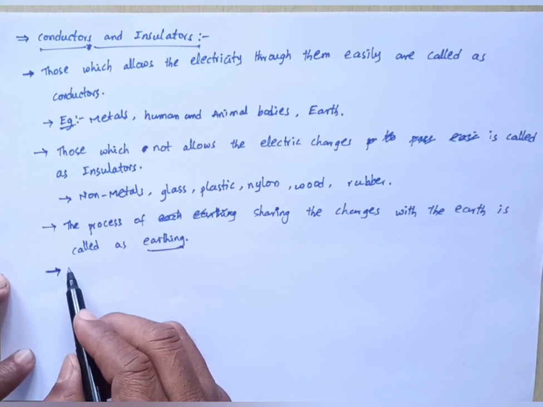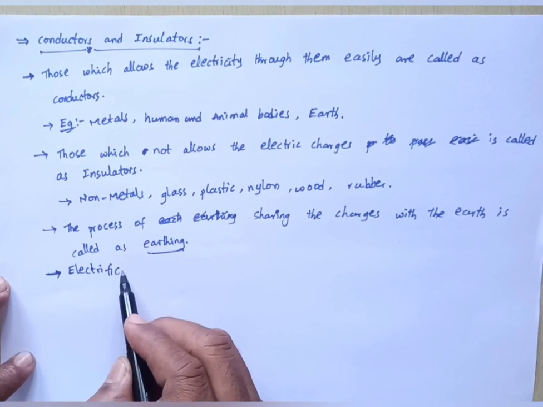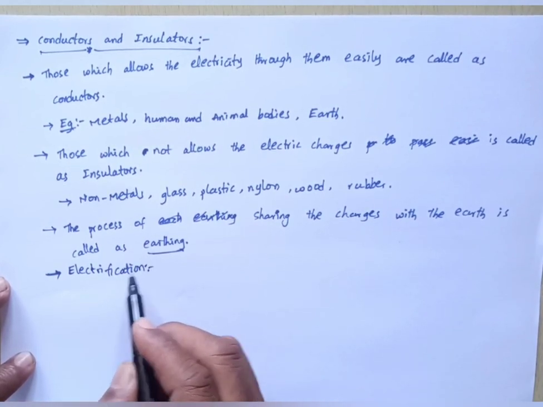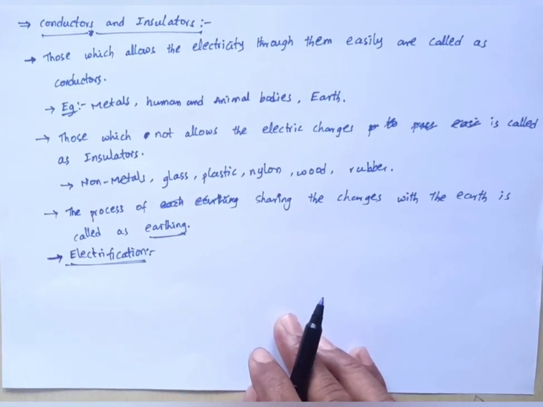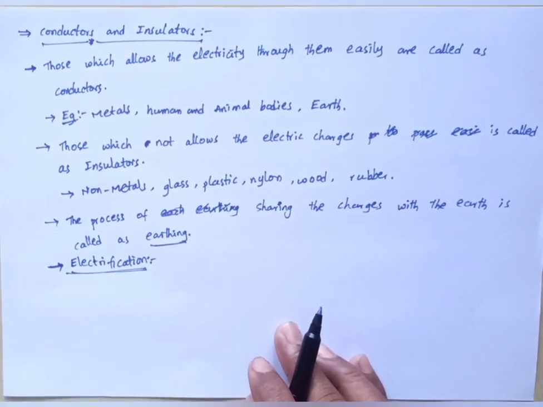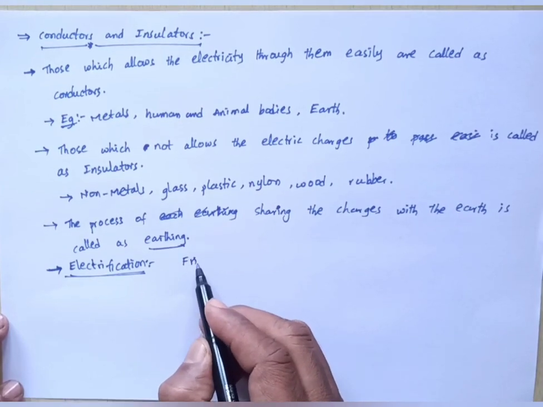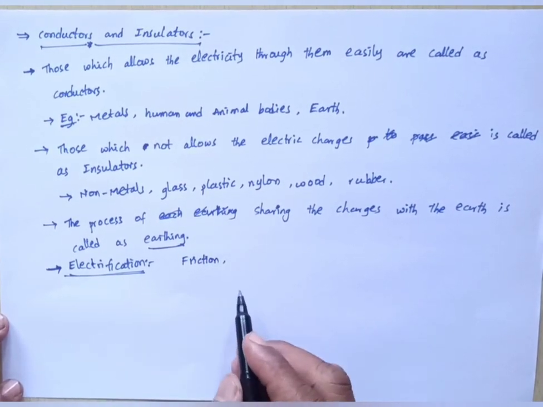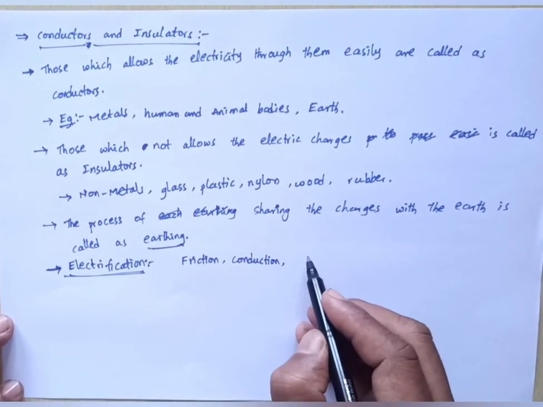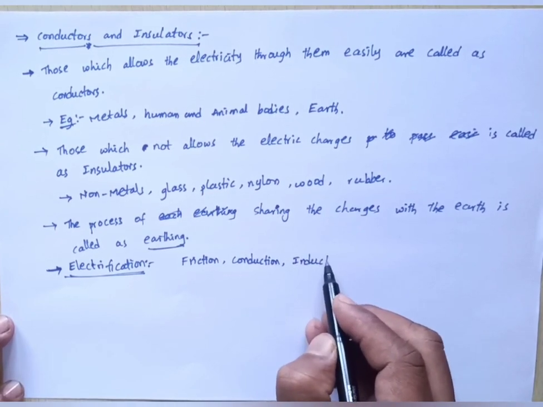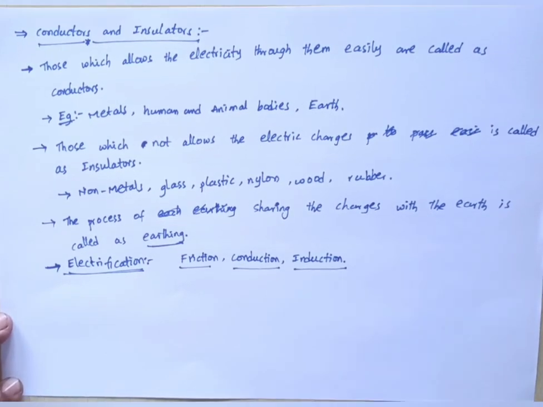Now, electrification. So what is electrification? It is the loss or gain of electrons, making a body positively or negatively charged. It happens by three processes: first friction, second conduction, and third induction.